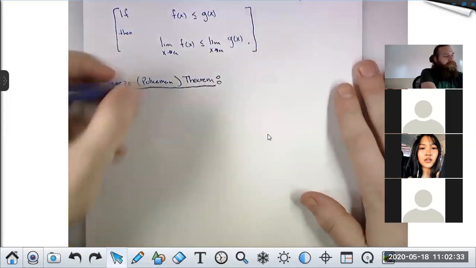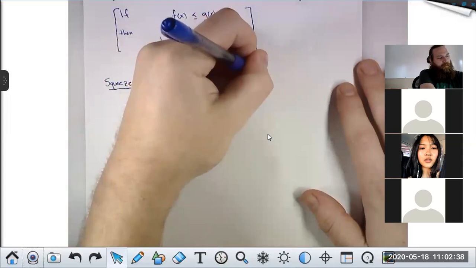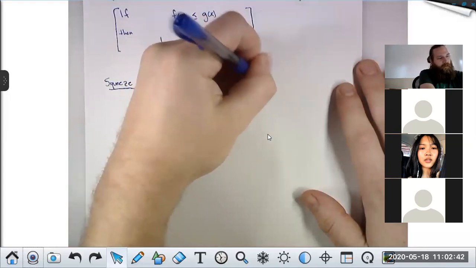In mathematical terms, it says this. Let's write it like this.